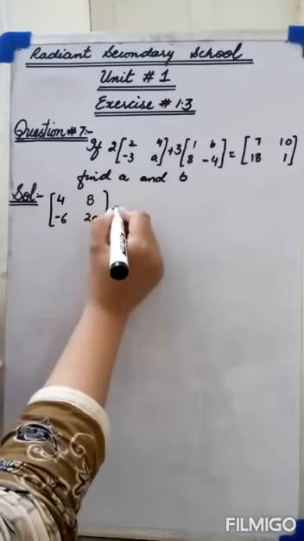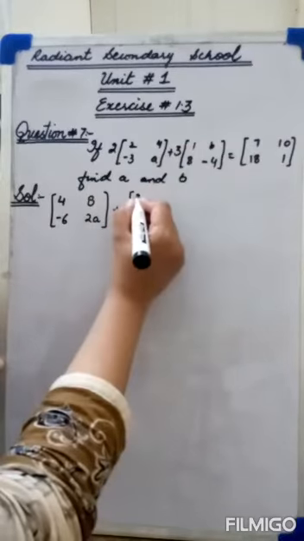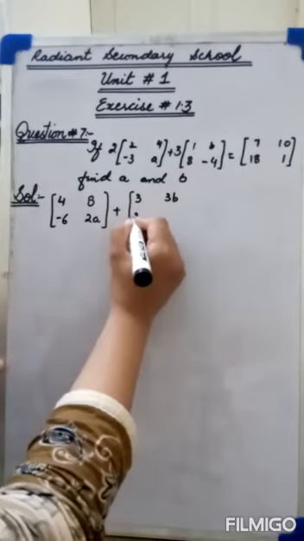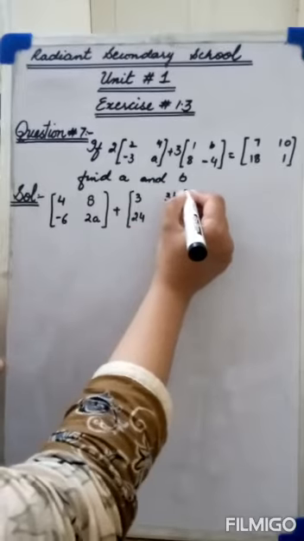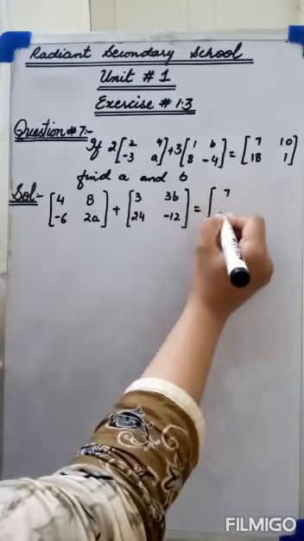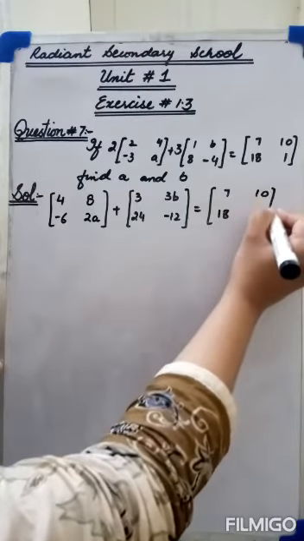Plus, now we have to multiply this 3 with each and every entry. 3 into 1 is 3, 3 into b is 3b, 3 into 8 is 24, 3 into minus 4 is minus 12, equals to the matrix 7, 18, 10 and 1.